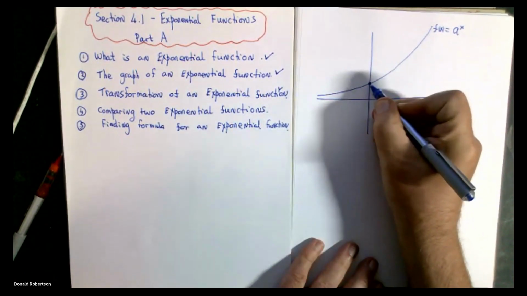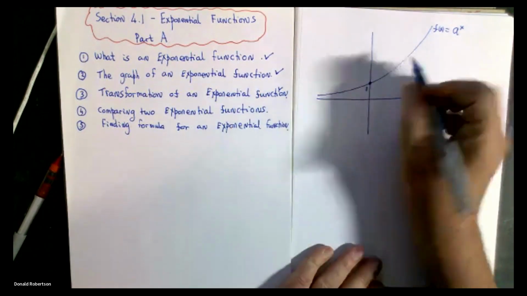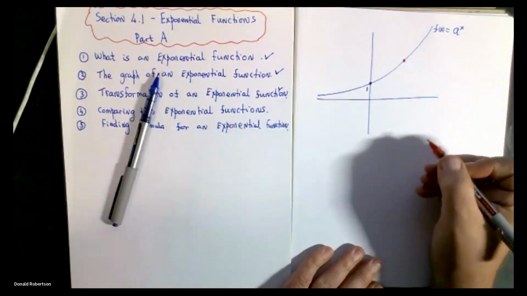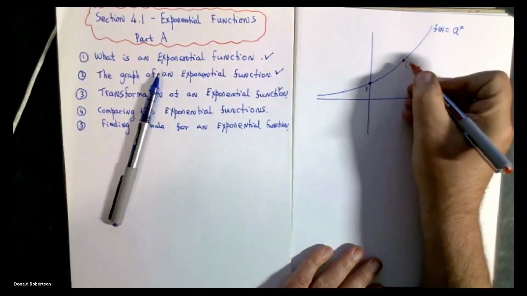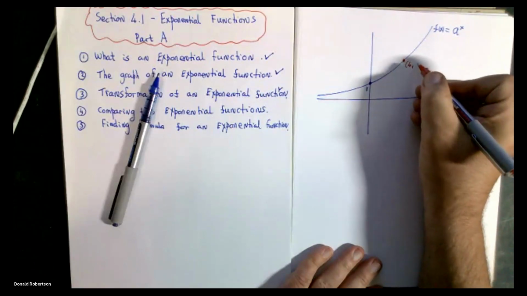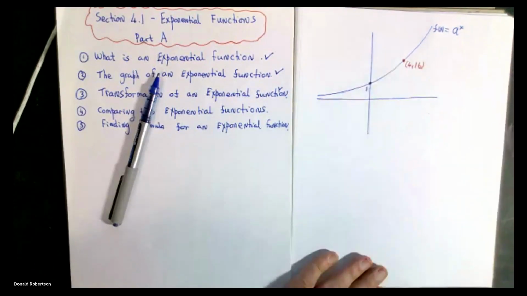Well, there's no point in looking at that guy because that guy's 1 for everybody. So let's give you a point here and tell you that the coordinates are 4, 16.